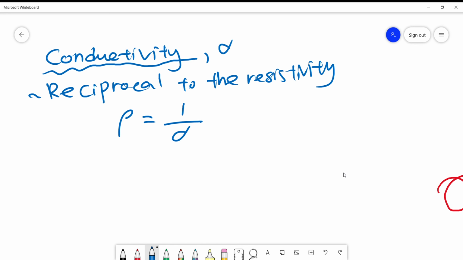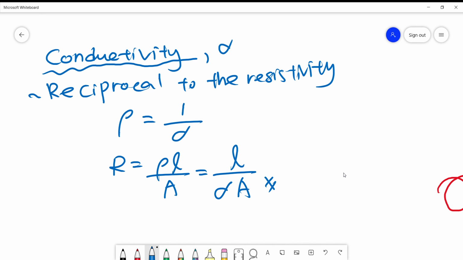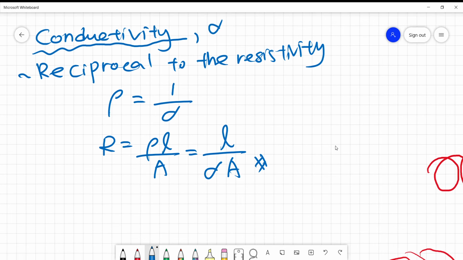Okay, so if I have my formula, resistance equals rho L over A, what I can do is convert it into sigma, which is L over sigma A. And this is another form of the resistance. Okay, so this is the brief introduction for the conductivity.